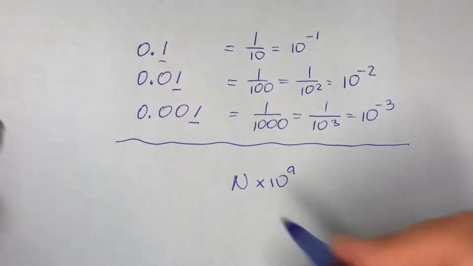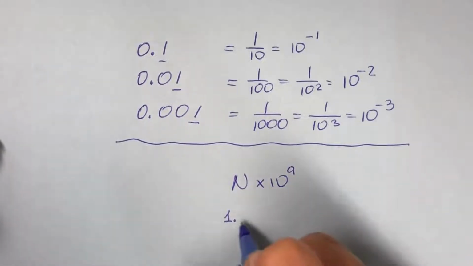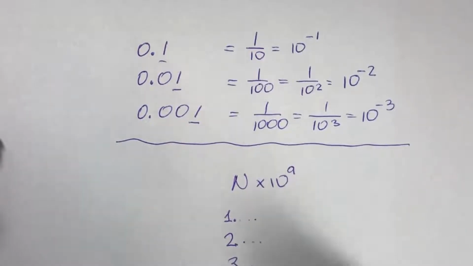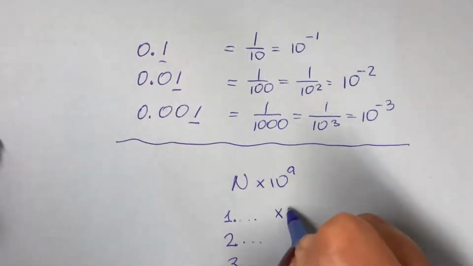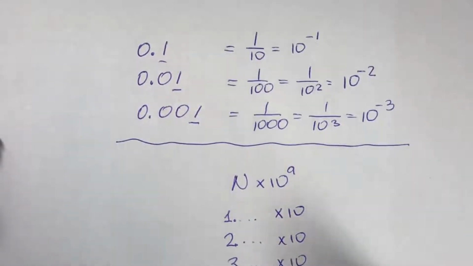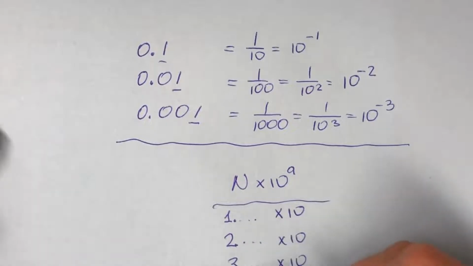So the number for the scientific notation has to have, again, a number between 1 and 9, so it can be 1 point something, 2 point something, 3 point something, 4 point something, and times a base of 10 to a certain exponent. So we can't have in scientific notation 0 point something.